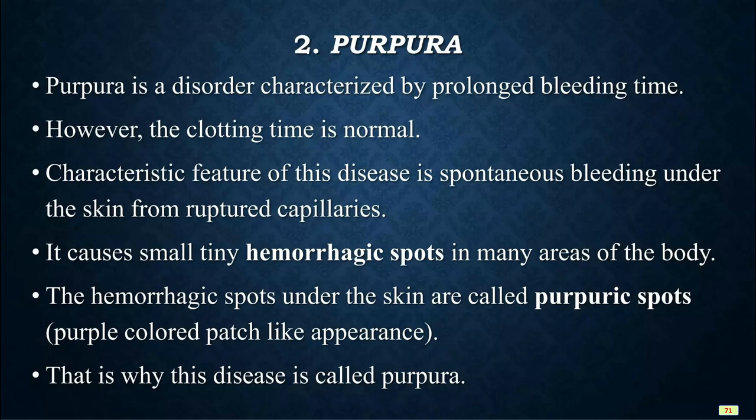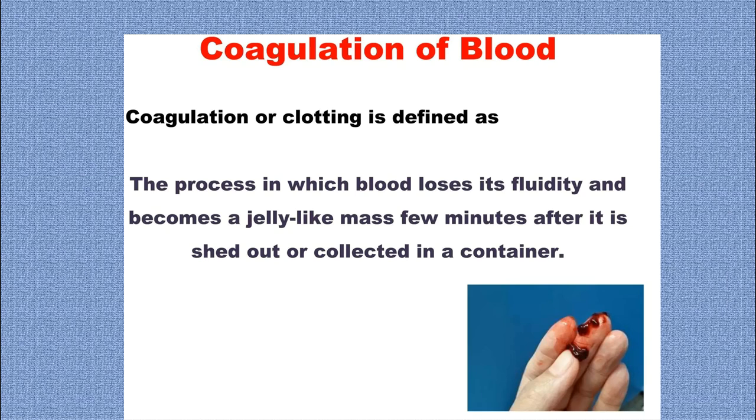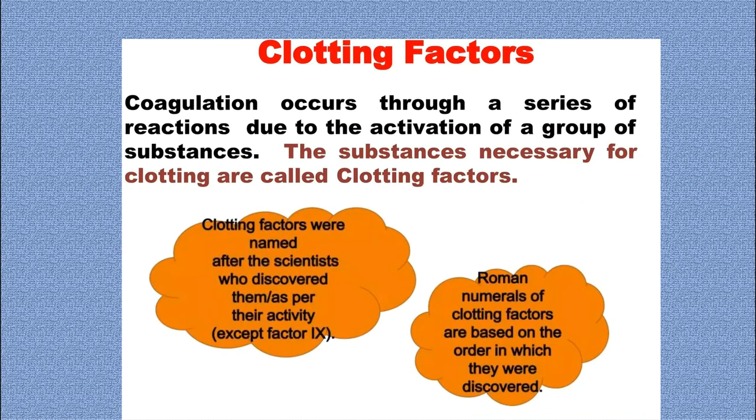Sometimes hemorrhagic spots are also found beneath the skin, and purpuric spots are clinical signs of this purpuric disease. Then coagulation of the blood takes place immediately after the formation of the clot. For example, we already know that varieties of clotting factors are there, starting from factor 3 to factor 12, and these form the plug to prevent blood loss.